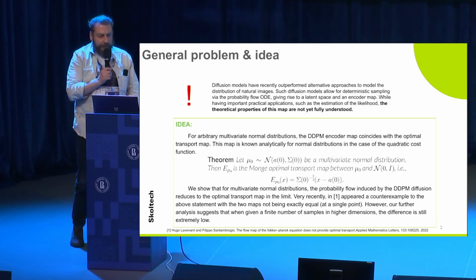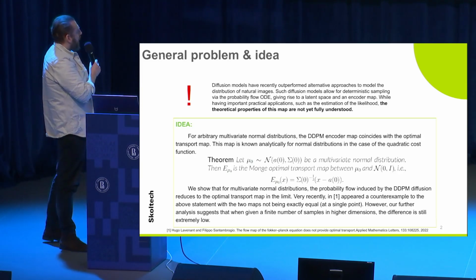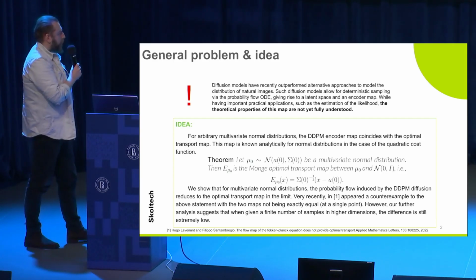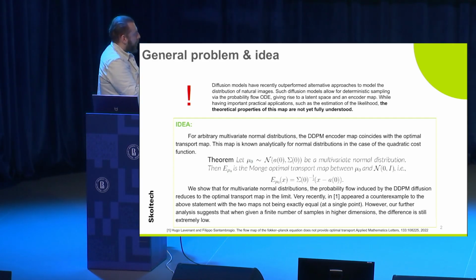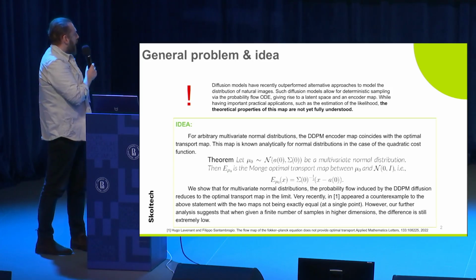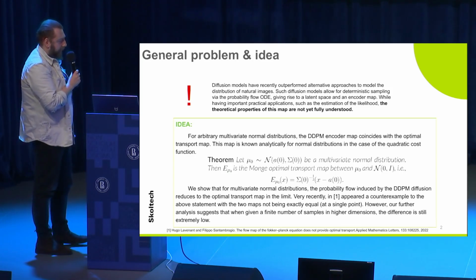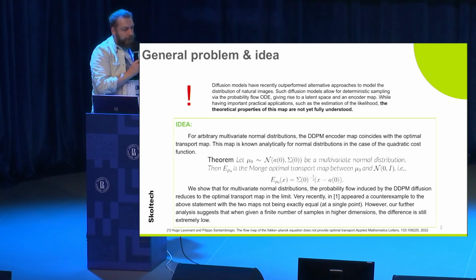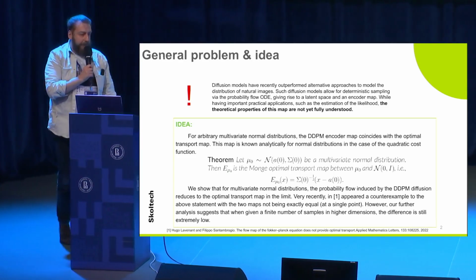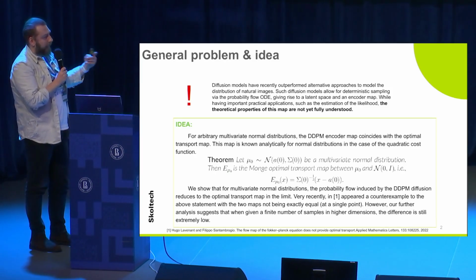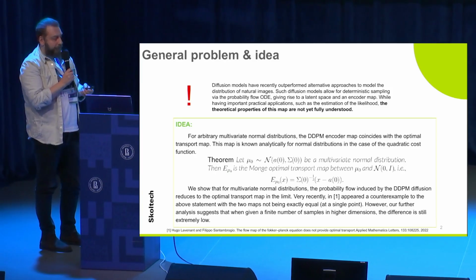So our main idea, our main result is that we numerically show that this holds for DDPM models in multivariate domain. So if we take a rather complex multivariate distribution, build DDPM model for it, then we see that the full map will be optimal transport.